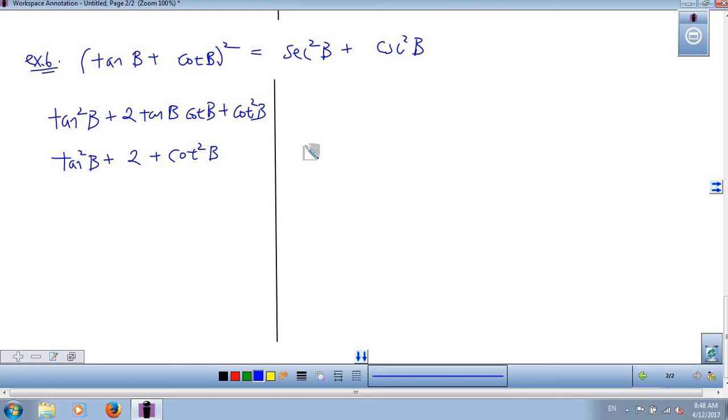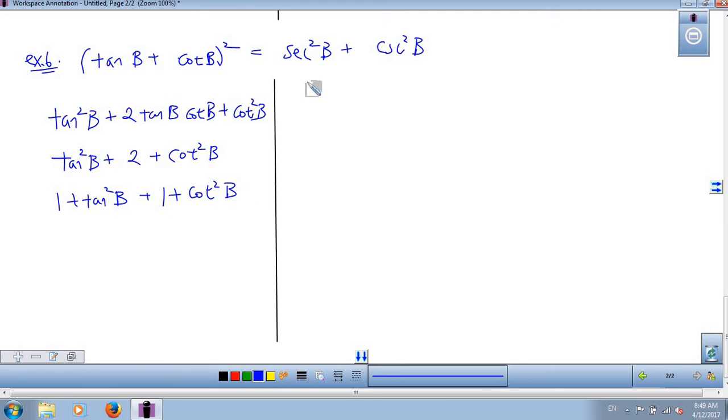Now look at the result. The right side is secant squared b and cosecant squared b. Now I know secant squared b is related to tangent squared b. It's 1 plus tangent squared b. Well, actually I do have a tangent squared b plus 1 because there's 2 here. So I could write it 1 plus tangent squared b, and I could put this aside. And then there's another 1 left, so it's 1 plus cotangent squared b.